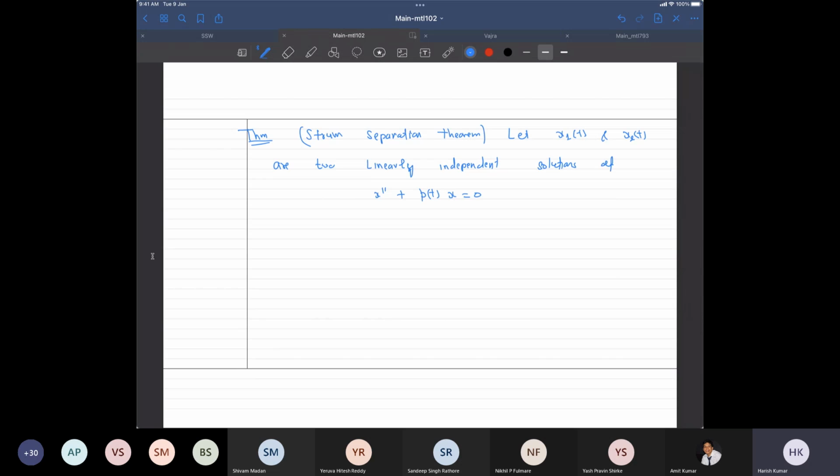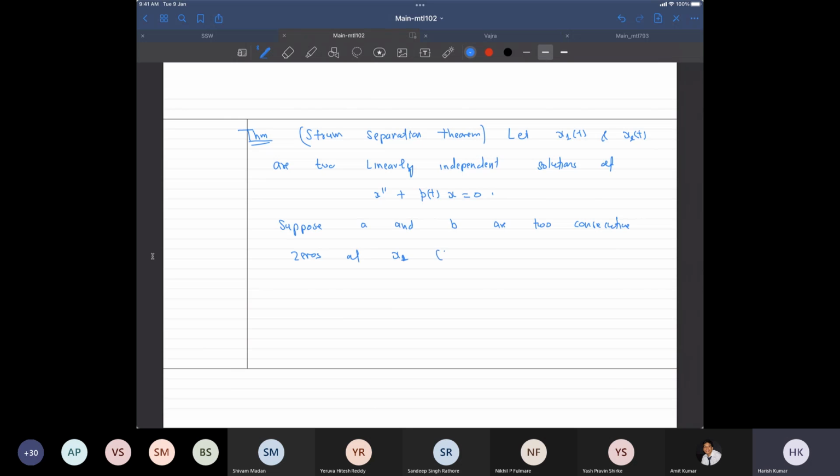And suppose a and b are two consecutive zeros of x1.